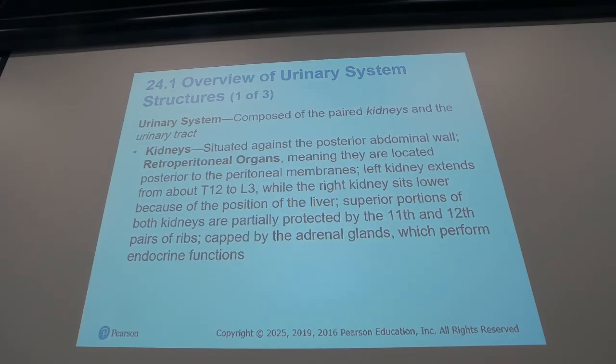Now, superiorly, the kidneys have an organ on the top called the adrenal glands, which of course are part of the endocrine system and produce hormones. Another name for the adrenal glands is suprarenal because they are located above the kidneys. And anytime you hear the word renal, it means kidneys.